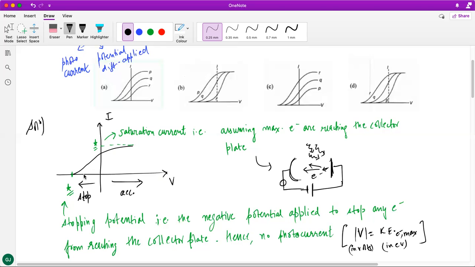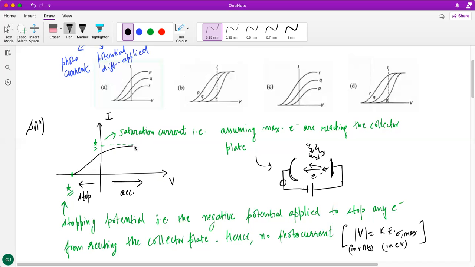So by applying this potential difference, and in fact making it an accelerating potential difference, we are making sure that these ejected electrons are able to reach the detector plate. And beyond a certain point, wherein we have accelerated the electrons and provided them the energy to reach the other side, we find that the current has saturated. And why did this current saturate?